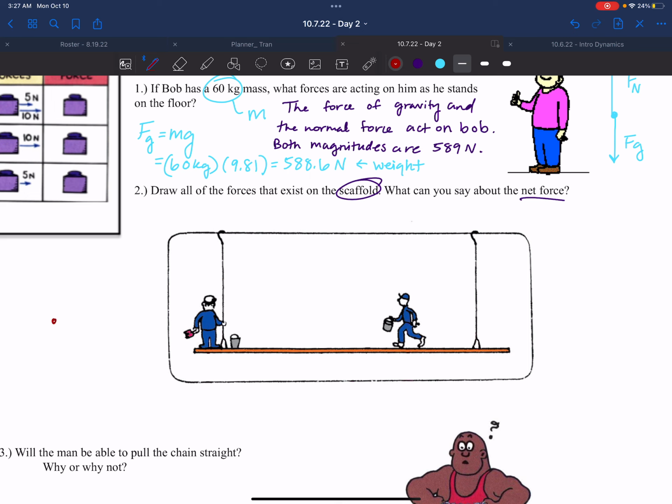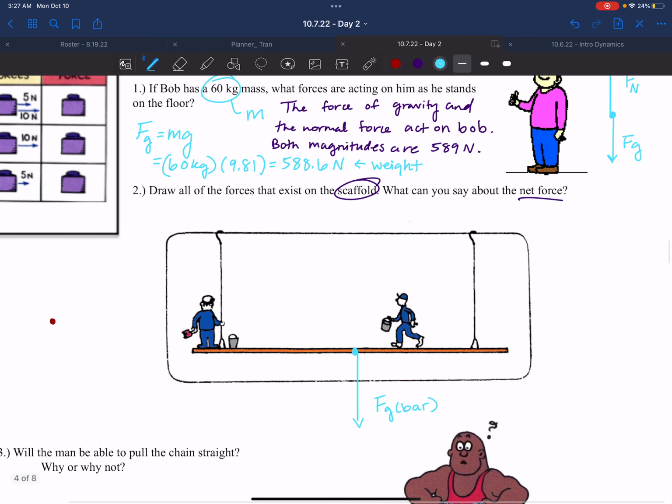Okay, so I'm going to not treat this as one system. So usually if I were to treat it as one system, I would consider it as one dot, but I'll do that later. So let's take the center of mass of this bar. So the center of the mass of the bar will have its own force of gravity. So force of gravity of the bar is what they're standing on.